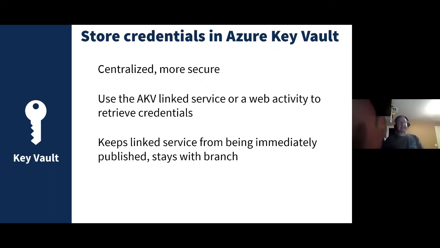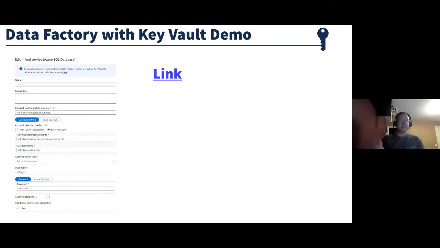One of the other, more nuanced things that using Key Vault gets you mostly only applies when you're in development. When you update the password on a linked service and hit save, you get a little warning, because it immediately publishes that linked service, and now you're kind of in an outside-of-your-branch situation, and that can get weird.